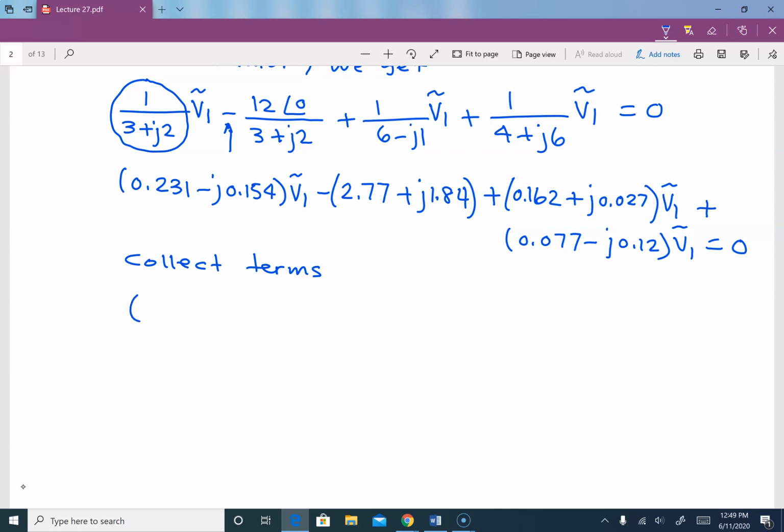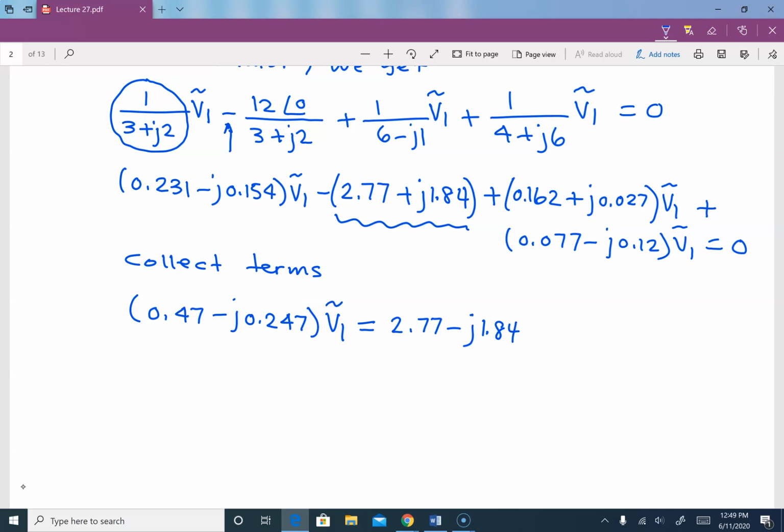We get 0.47 for the real part and minus J0.247 for the imaginary part, multiplied by V1. That is equal to this value, because we move it to the other side, where it becomes 2.77 minus J1.84.